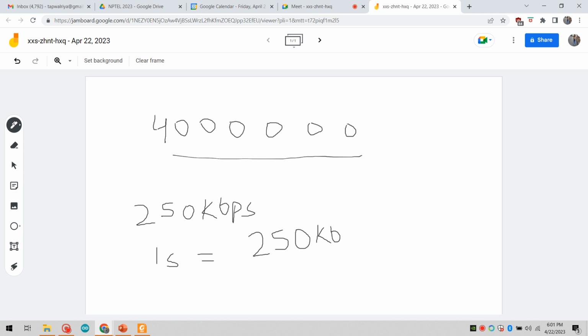Now you need to find out the time in order to send one bit of data. So to send this 1 bit of data, you just have to take this to the denominator. This is the unitary method that we use in mathematics.